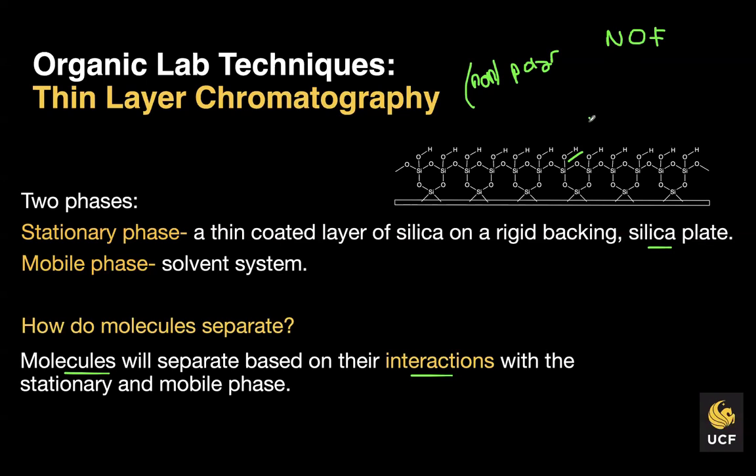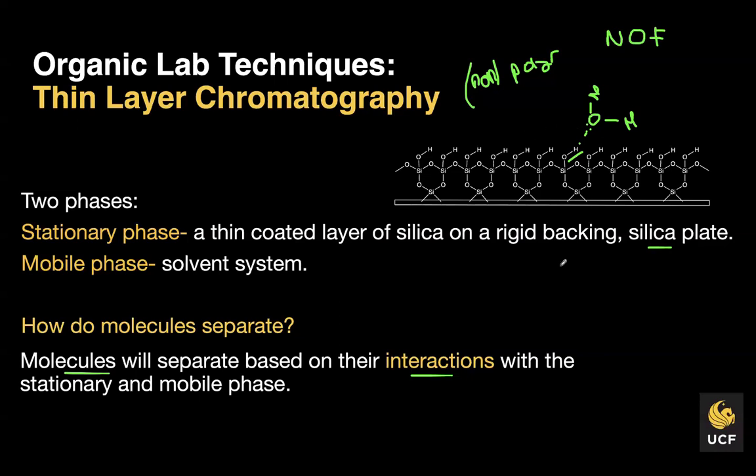So if you have, let's say, a water molecule, right? OH, NH, FH, those could be hydrogen bond donors. And if we have an oxygen, that could be a hydrogen bond acceptor. Then one type of intermolecular force is hydrogen bonding, right? You could have dipole-dipole interactions as well.